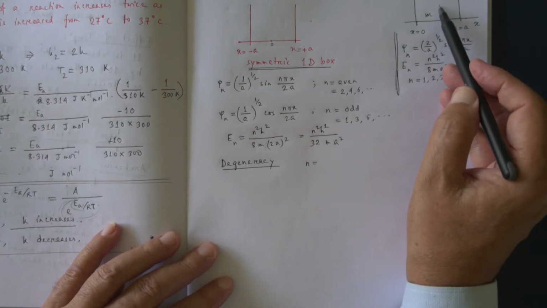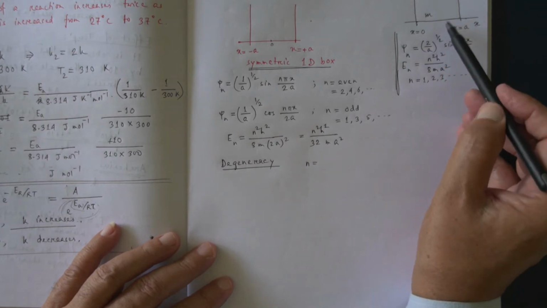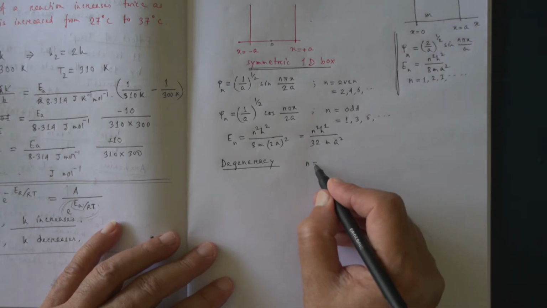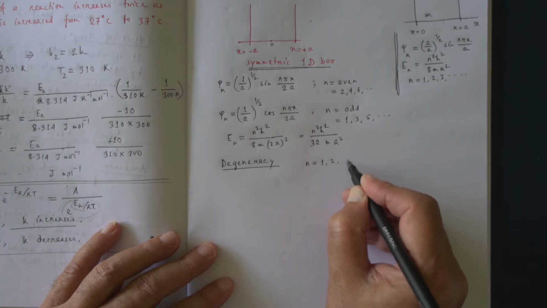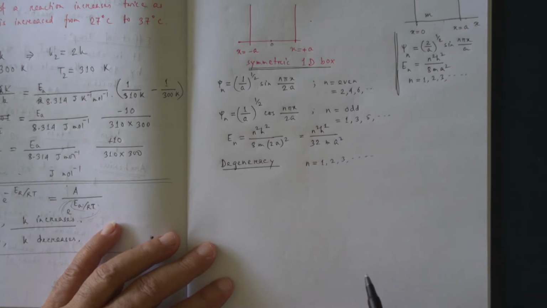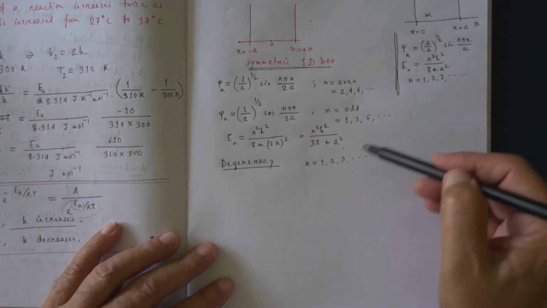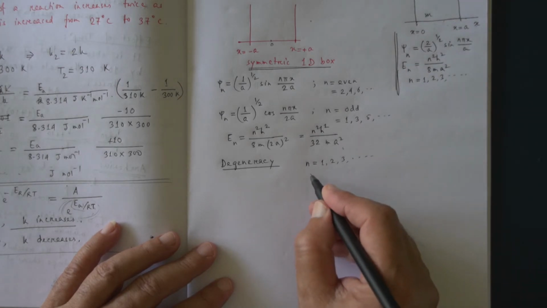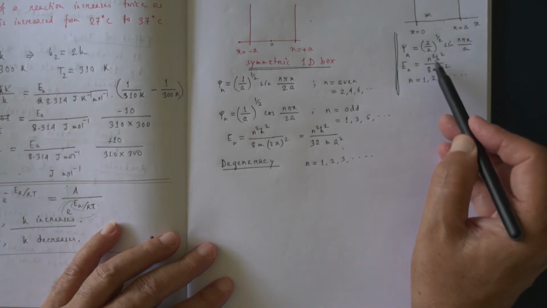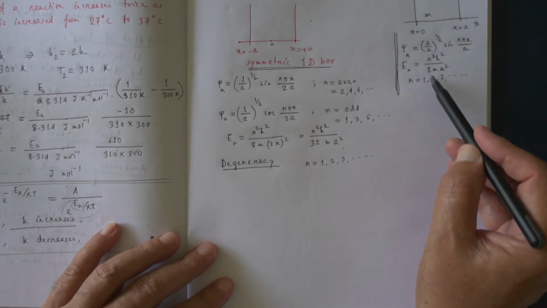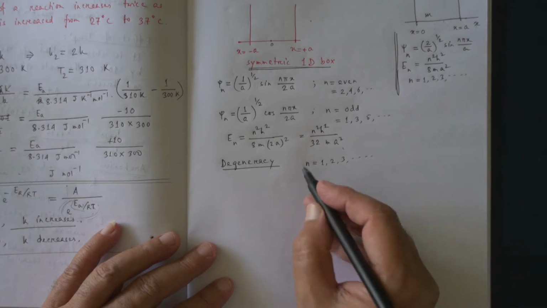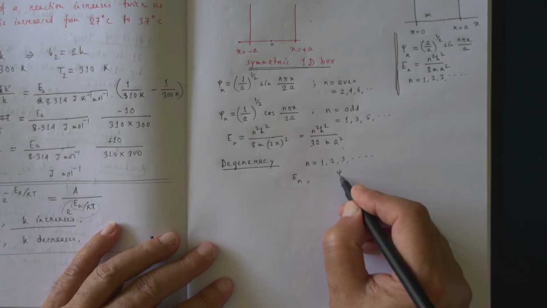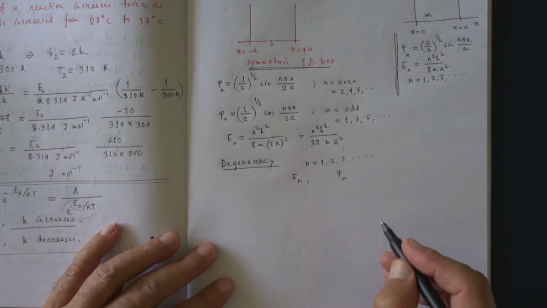I am talking about this particle in a one-dimensional box, that is asymmetric, n equal to 1, 2, 3, etc. Only one quantum number we have. So energy depends on only one quantum number, and the wave function also depends on only one quantum number.